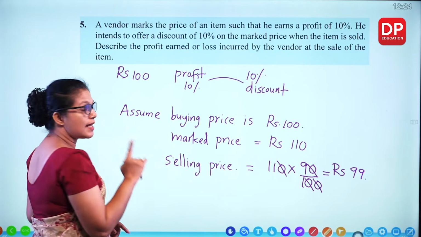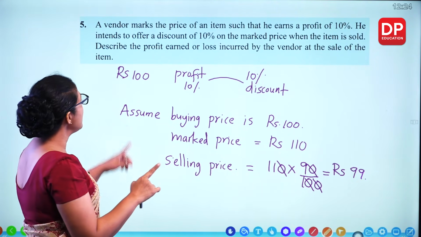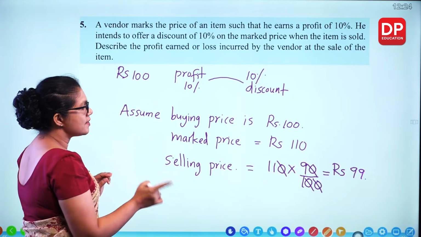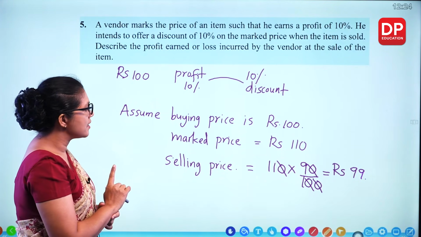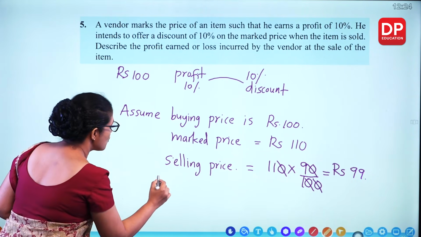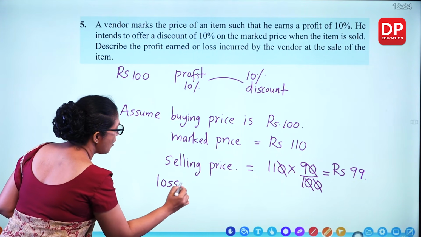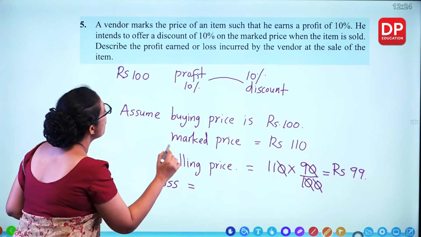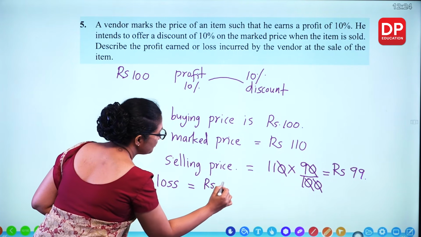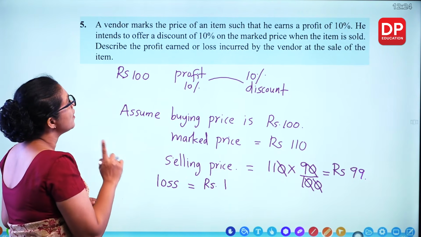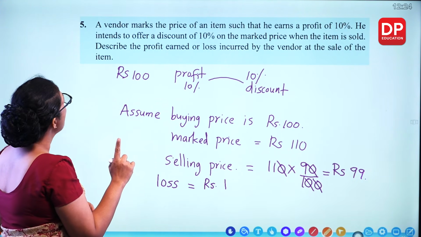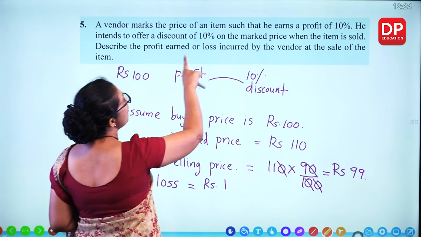Now we know the selling price is 99 rupees and the buying price is 100. So is it a loss or a profit? Selling price is less. So this is a loss of 1 rupee. Now what's the percentage? So a loss of 1 rupee.